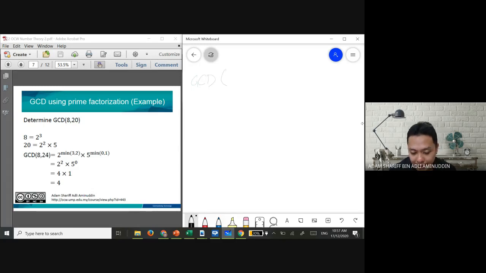Saya cuba serandom yang boleh lah, 50, 100 and 2, 3, 4. Boleh tak? Dapat tak jawapan yang cantik?